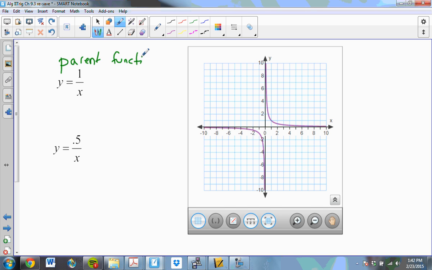And I want to show what happens if we take this and change the 1 on top to a 0.5. What we're really doing is a half times 1 over x. It's the same thing. So all the y values just get cut in half, which means the y values that were really high suddenly become really short. So this 0.1 comma 10, I have the 0.1, 10 way up here.